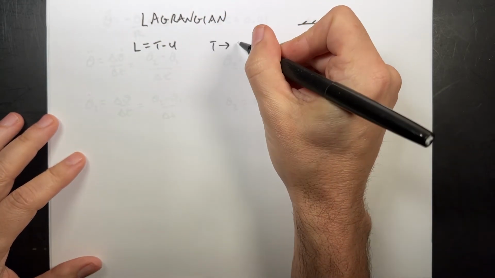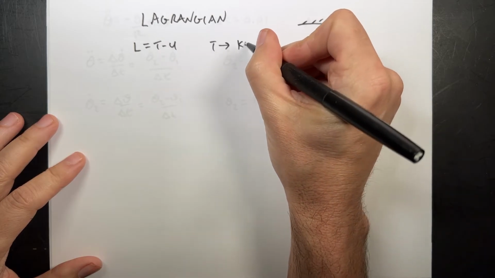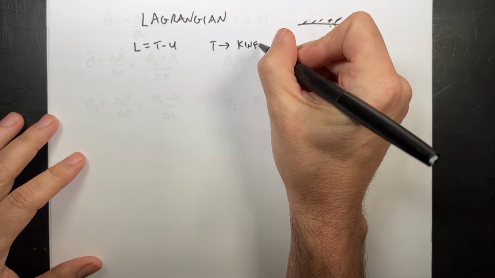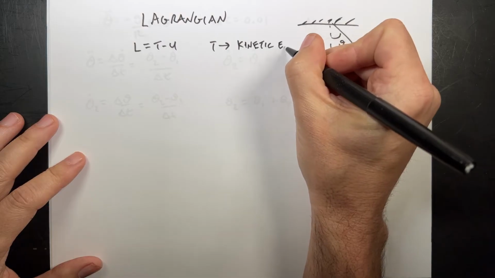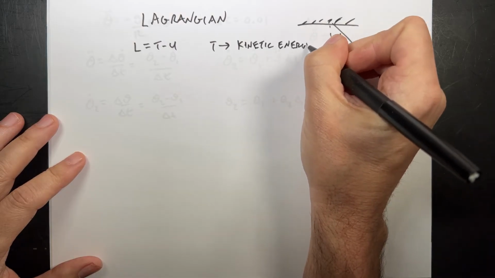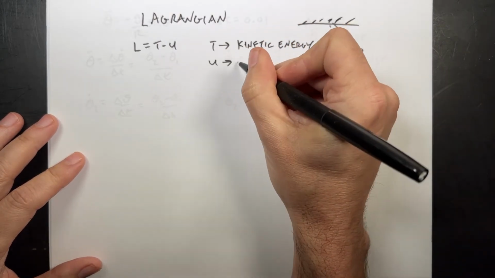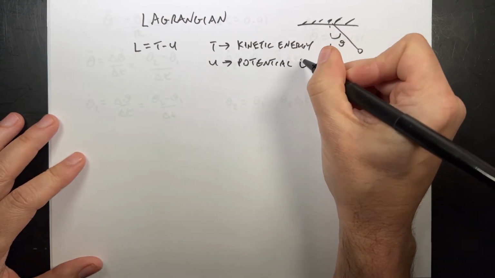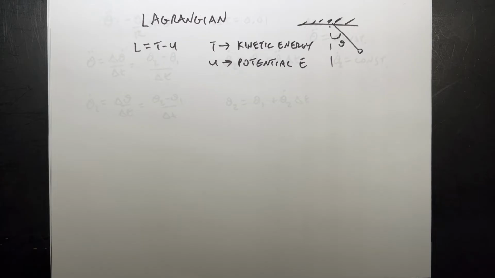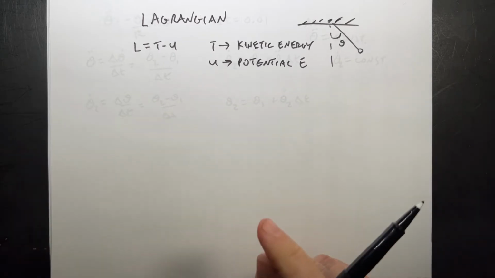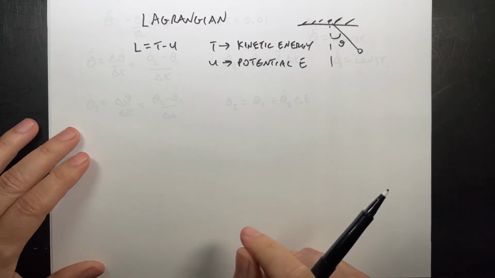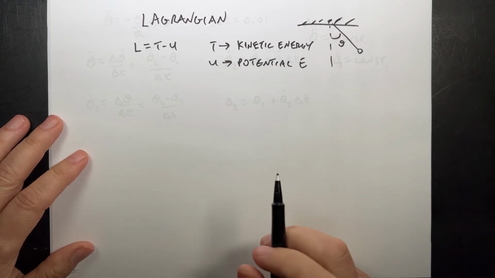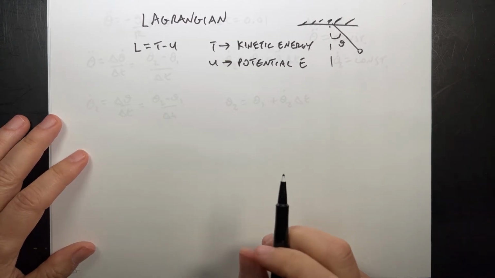T is the kinetic energy in terms of that coordinate, and U is the potential energy. If I create my Lagrangian that way, then the following is true.